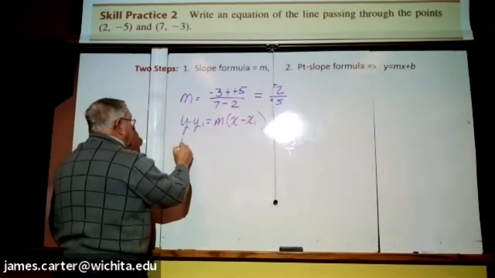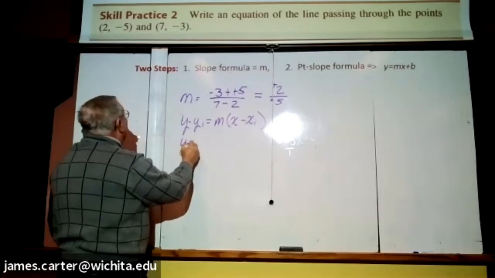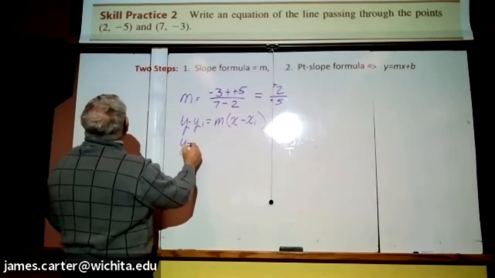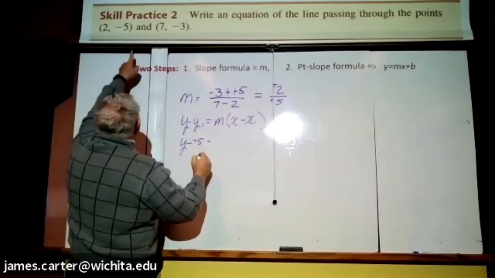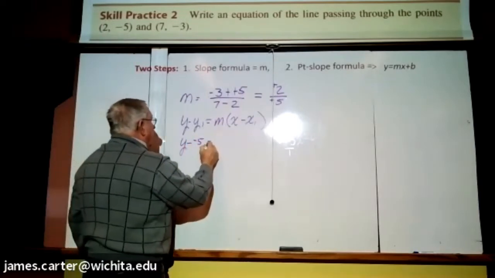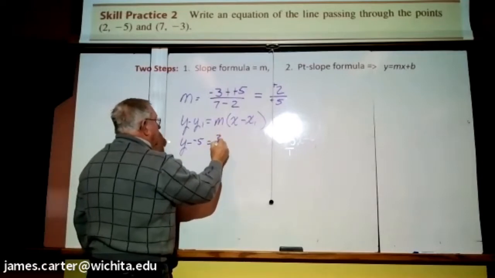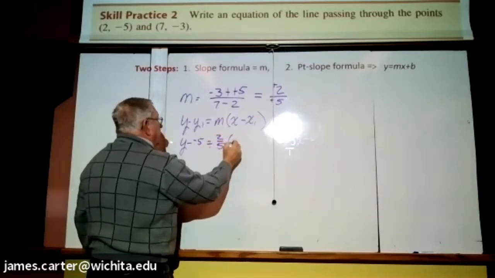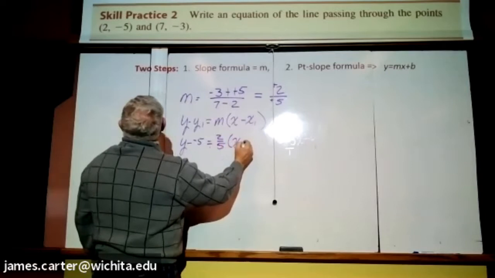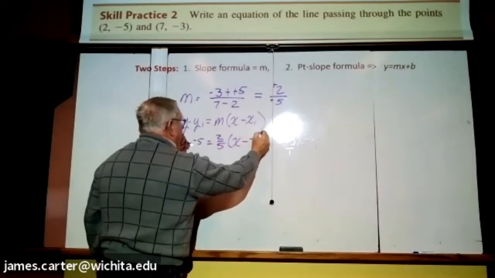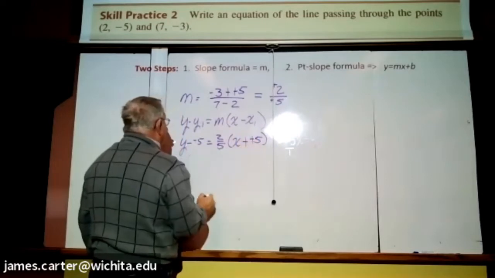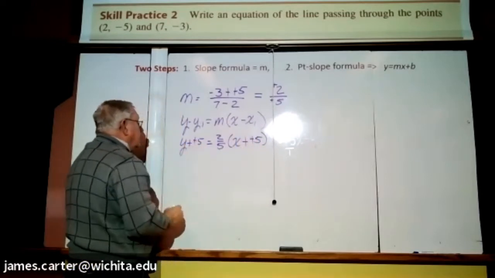So now I'm going to put this in the point slope formula. Y minus -5, using the first point again, equals our slope 2/5 times x minus -5. First, I want to go ahead and take care of this.